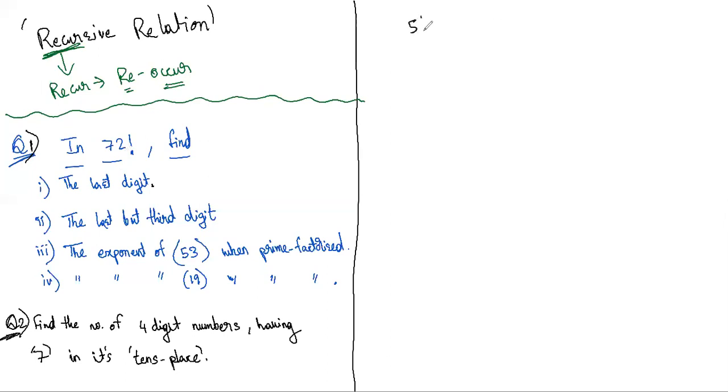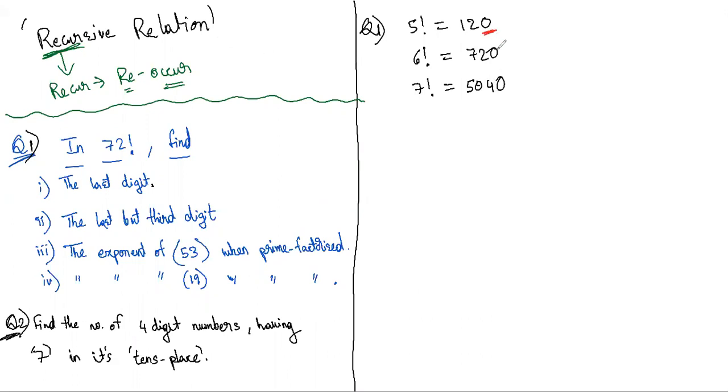What is the value of 5 factorial? Sir, 120. Yeah, good. It is 120. If this is 120, what will 6 factorial be? 720. 7 factorial? Sir, 5040.